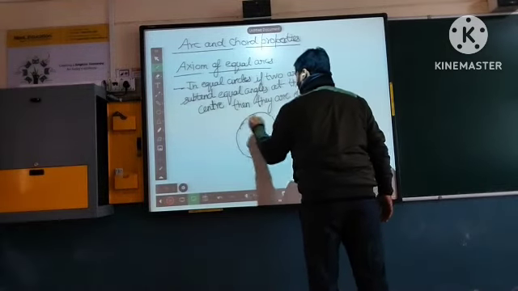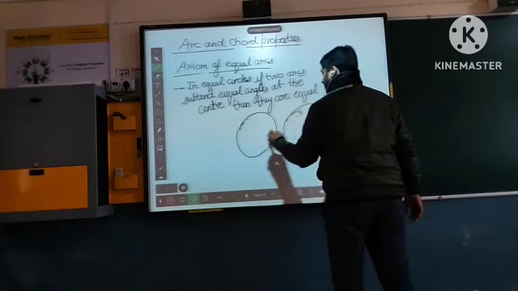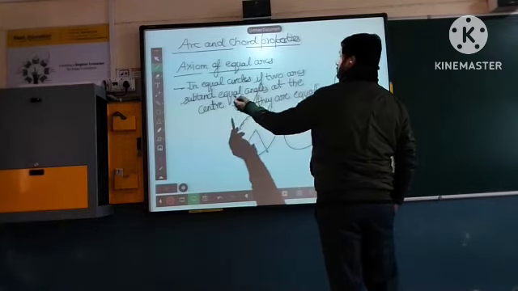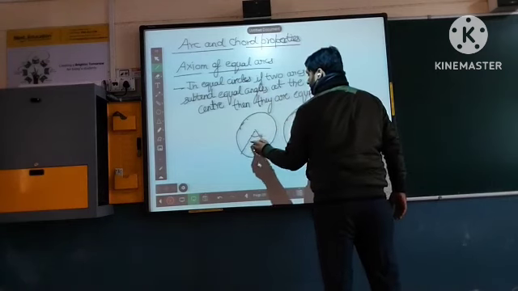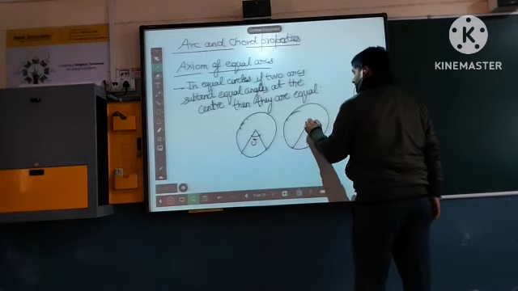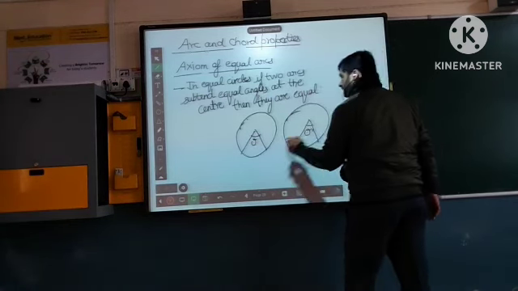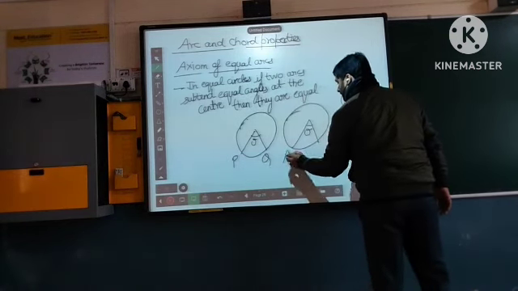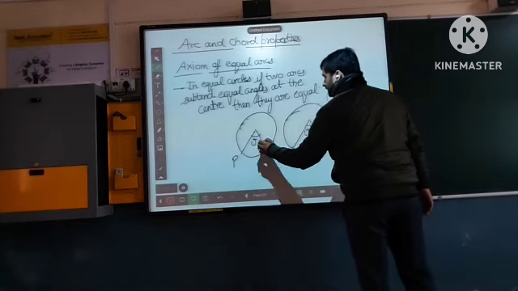Now we are drawing a circle. And see, I am drawing an arc. Two circles are there and angles are equal in this. One center is O. The arc is PQ. The other arc is AB.